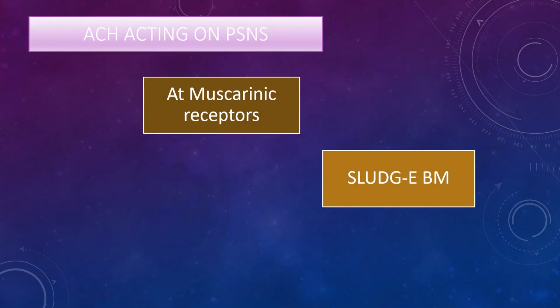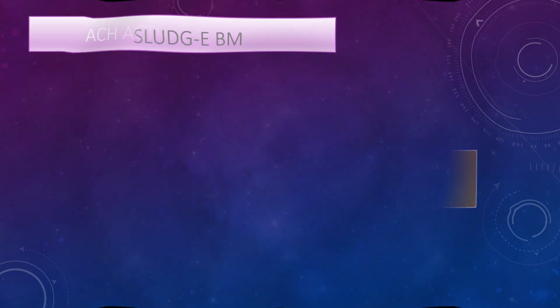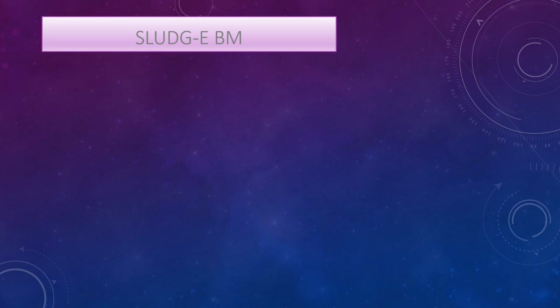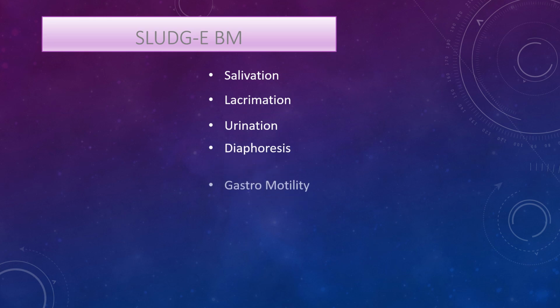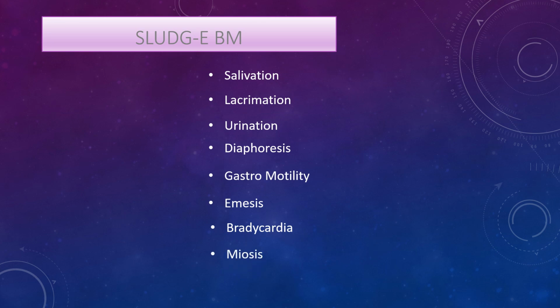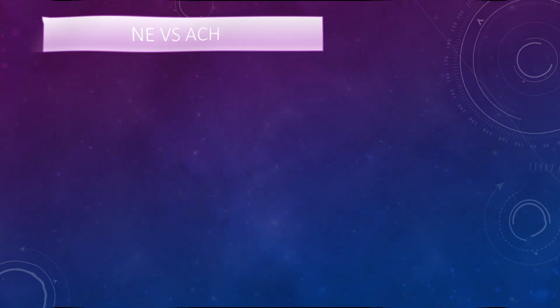ACh acts on the parasympathetic nervous system at muscarinic receptors, giving us the SLUDGE-BM: salivation, lacrimation, urination, diaphoresis, gastromotility, emesis, bradycardia, and miosis.